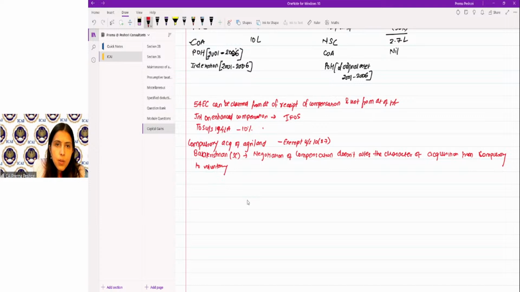But TDS will not be applicable if the payment is less than rupees 2,50,000, 2.5 lakh. Clear? Are we clear?